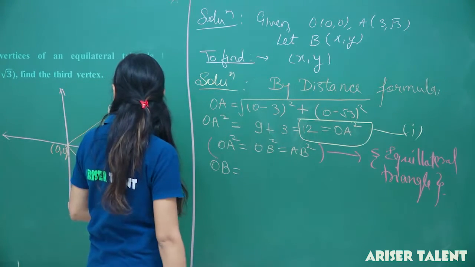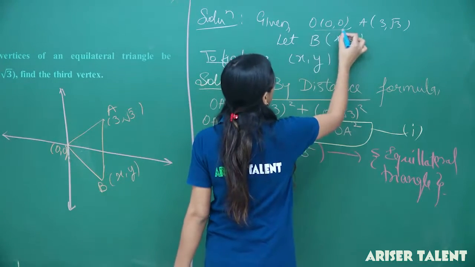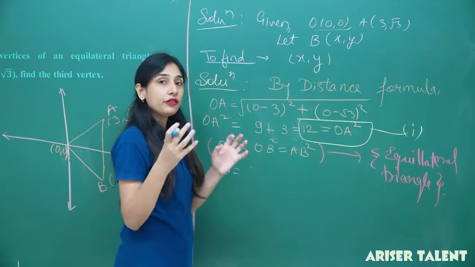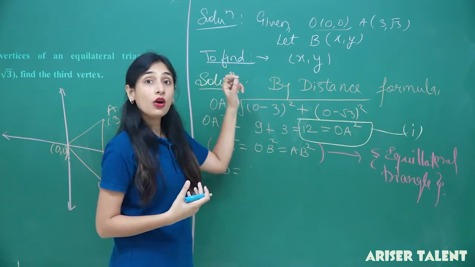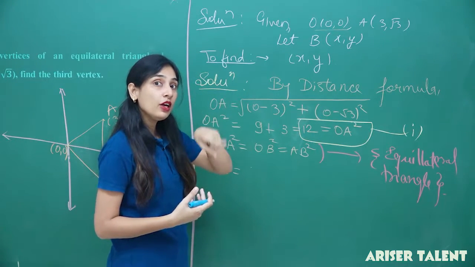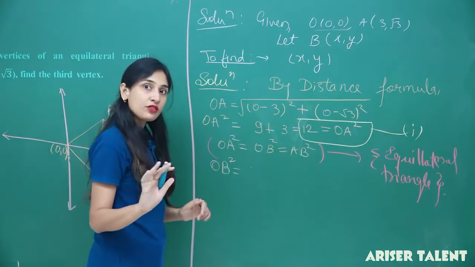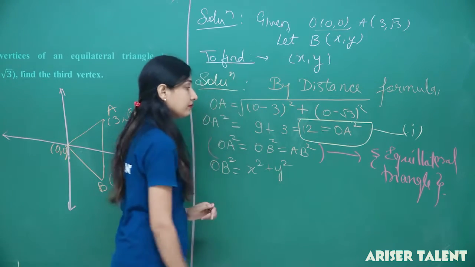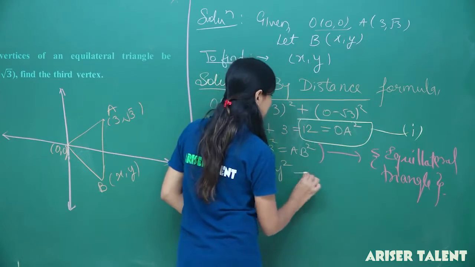OB is equal to what? For the distance of a point from the origin 0, 0, I have told you the formula is the root of x square plus y square. So OB square is x square plus y square.